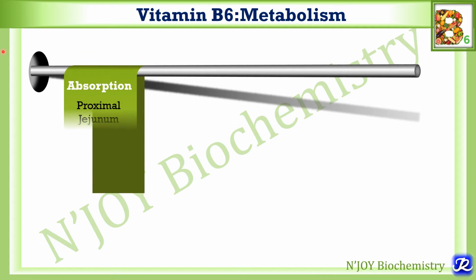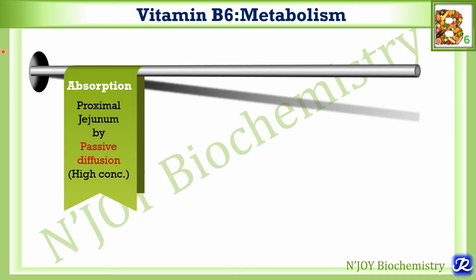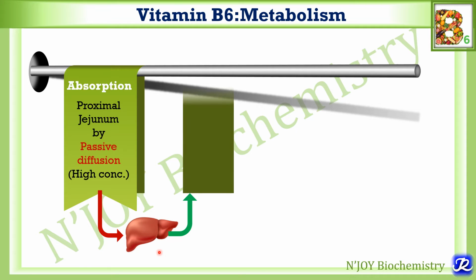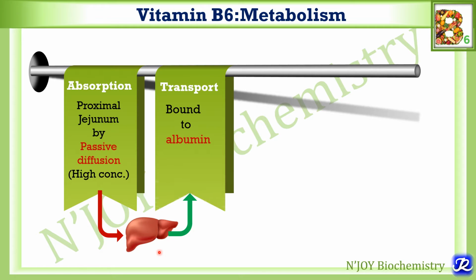It is digested and absorbed in the proximal jejunum by passive diffusion when it is present in high concentration, and at low concentration it is absorbed by active transport. Once absorbed in the intestine, it is transported to the liver where it is converted to its coenzyme form PLP, and then from the liver it is transported in the circulation bound to albumin, and it reaches the target organs or cells.